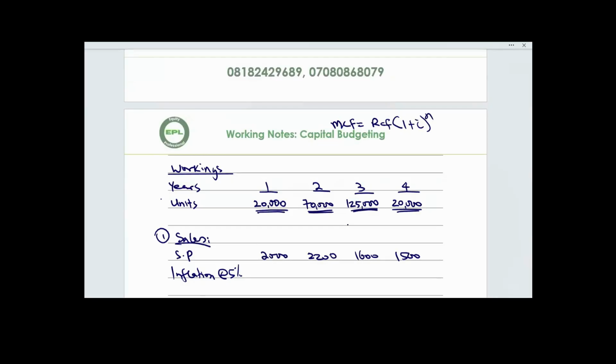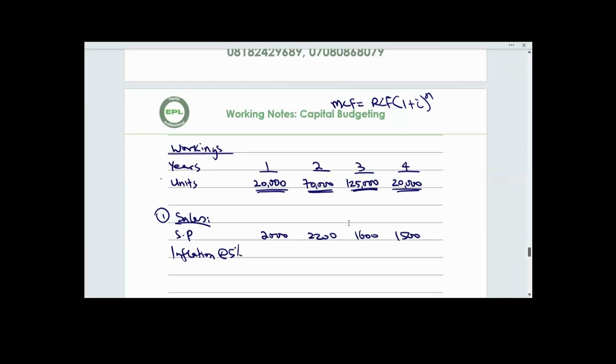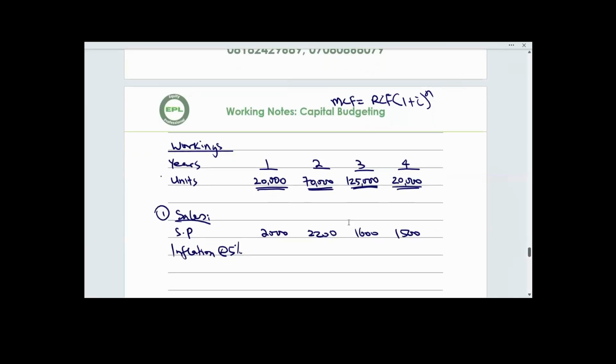I told you that I don't usually make reference to this formula when I'm doing my calculation because it is implied in the question. The real cash flow in this case is the selling price given to you in each year. Inflation rate is 5%, and n will be year one, year two, year three, and year four.